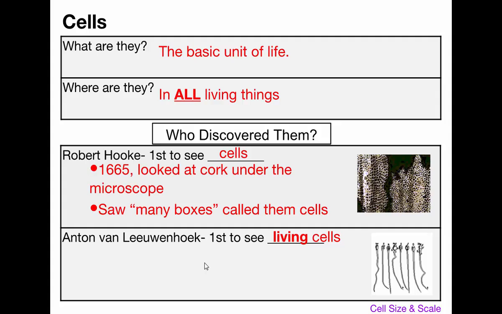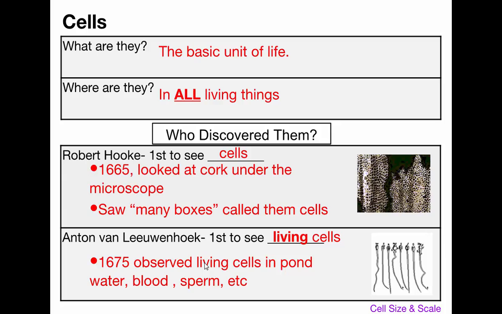And he looked at living cells. What he looked at were a bunch of things in 1675. He looked at water from a pond, and he saw that in that water, there's actually living organisms that you could only see in the microscope.